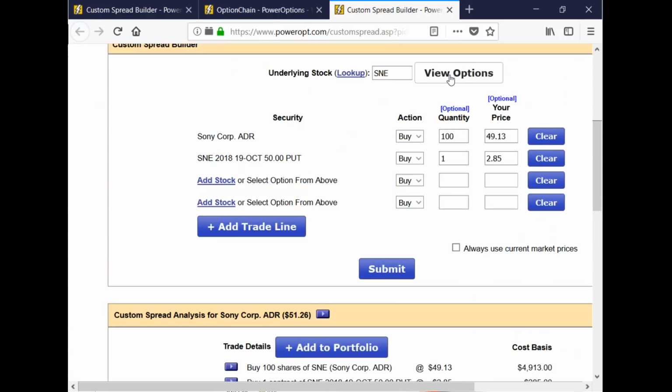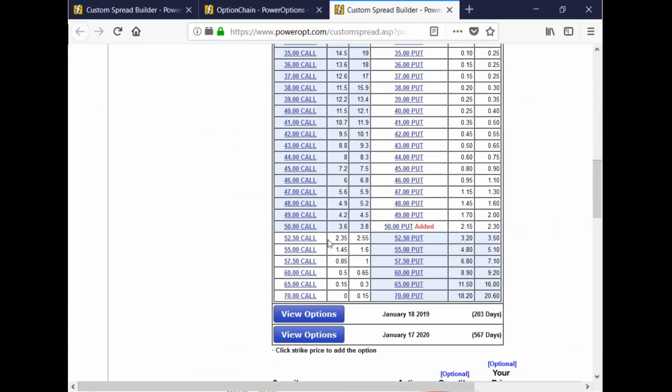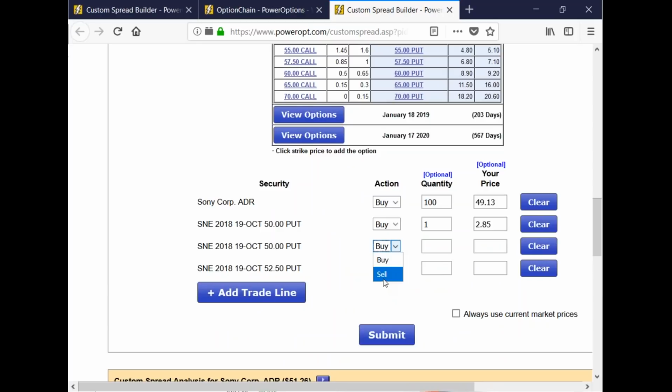Okay, 52.50 at 395. Now, let's go back to the custom spread. On June 26th, stock trading right at 50. I sell my 50 put for 260, that was the midpoint there, and I buy the 52.5 higher strike put at 395. And this is all time value.